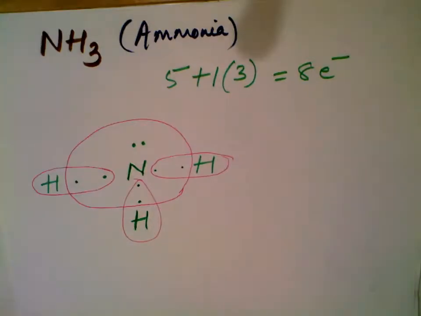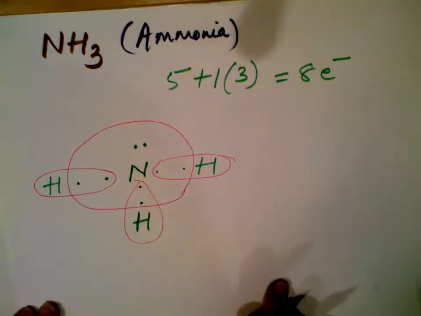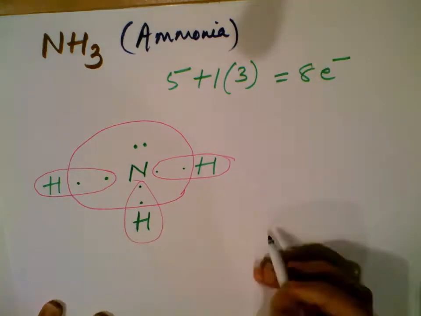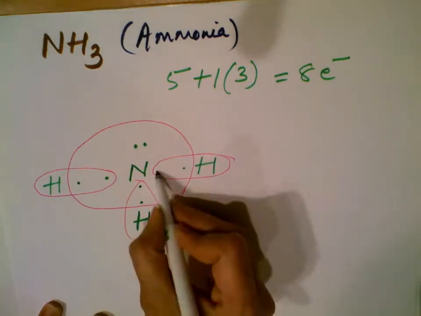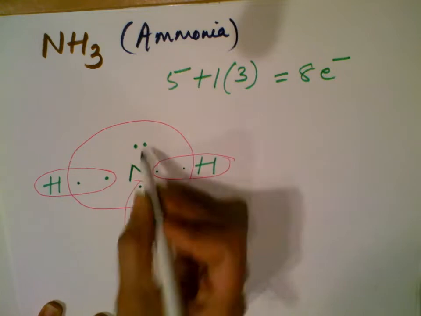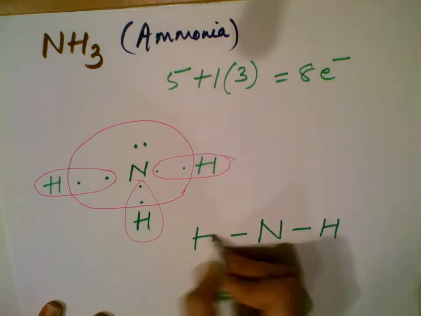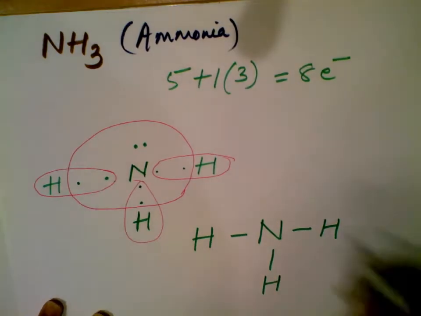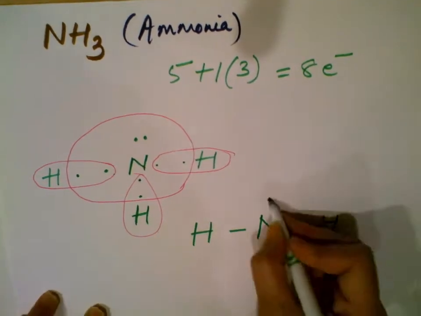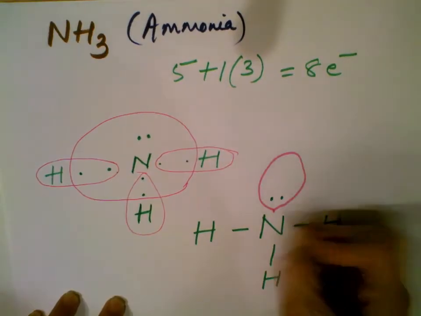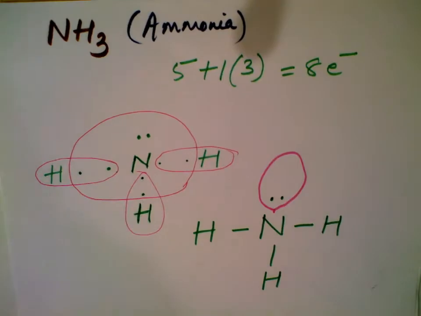So they all have their complete octet. Now, yes, the octet is complete, but are all these electrons used in bonding? No. These, this, these, but not that one. So you're going to write the Lewis dot structure for ammonia, NH3, like this. Show the lone pair. That's your Lewis dot structure for ammonia.